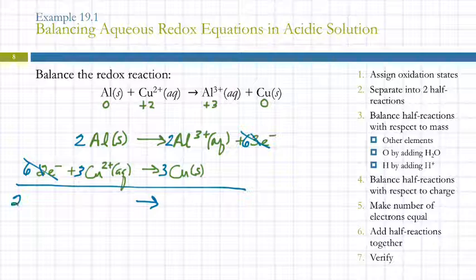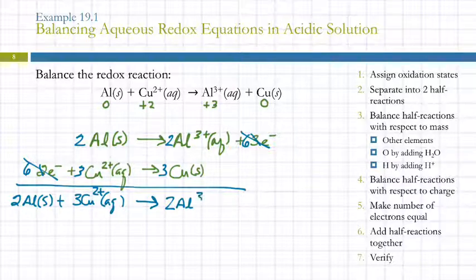We've got 2 aluminums, solid, plus 3 copper ions, gives us 2 aluminum ions, plus 3 copper atoms. Okay? If you count number of aluminum atoms, number of copper atoms, it's balanced. If you look at the charges now, the charge is the same on both sides.